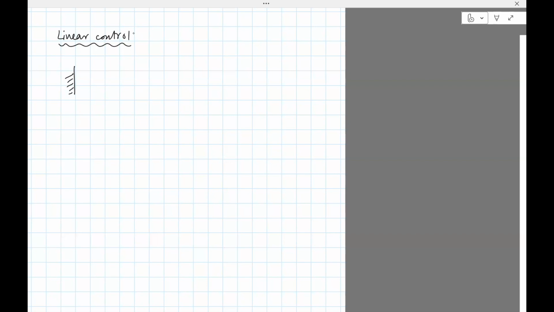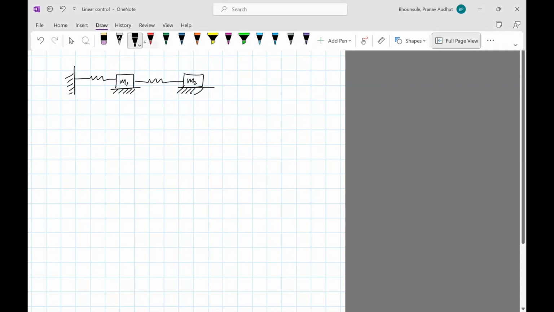You've probably seen many of these in a course on vibrations or a course on dynamic systems and controls if you've taken that. M1, M2, let's give them some spring constants.